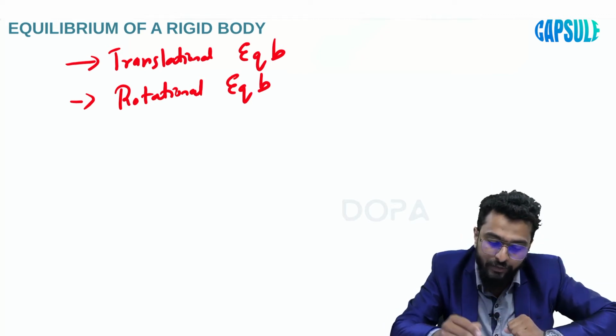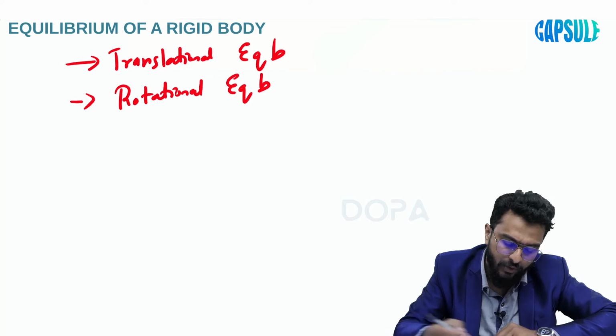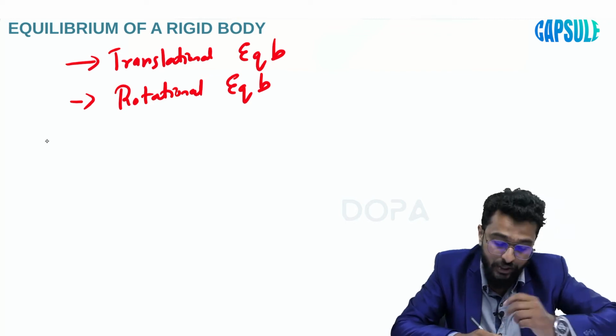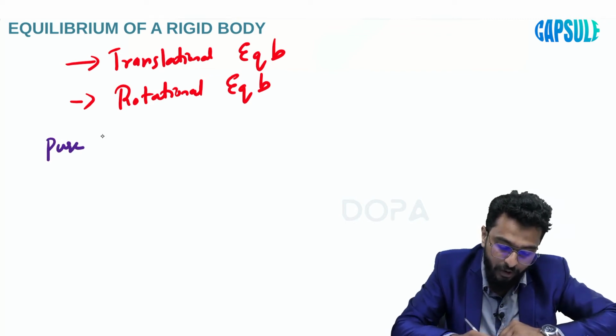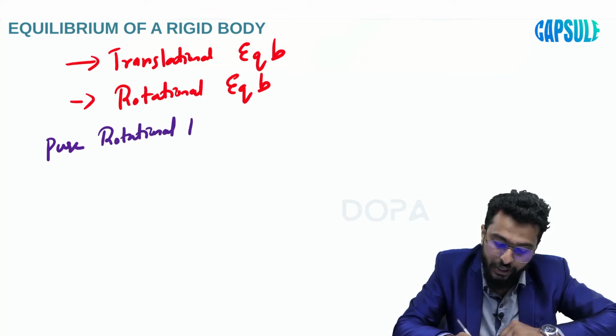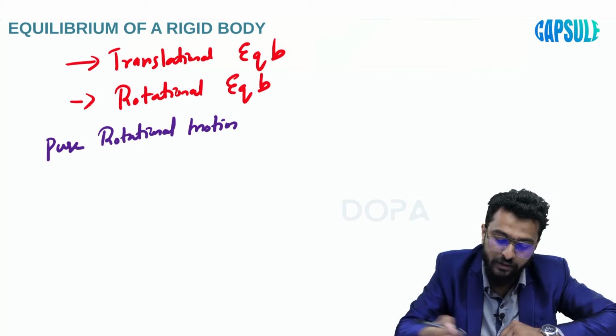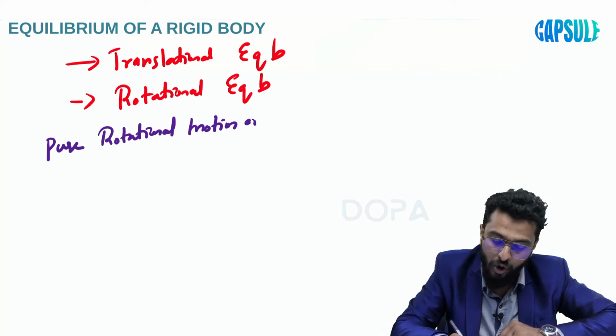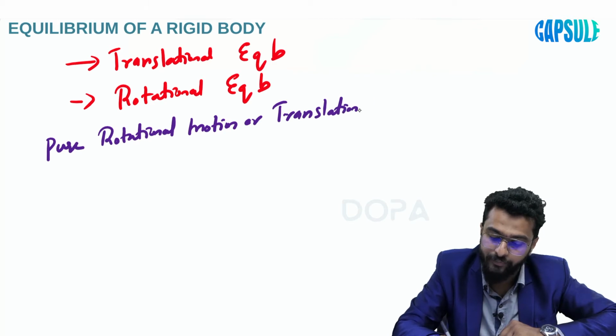So I will give you four conditions here. Look at here. In the first case, we have pure rotational motion, or we can say translational equilibrium.